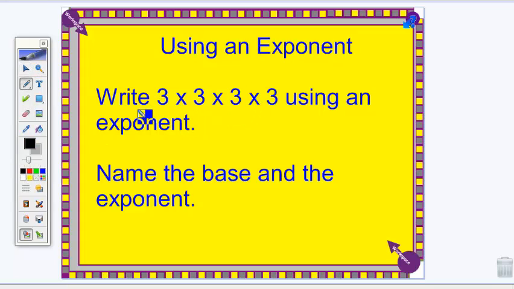What is the base? Remember, the base is the factor that is being repeated. In this case, our factor is 3, so the base will be 3. And what is the exponent? How many times are we using 3? 1, 2, 3, 4. So this will be 3 to the 4th power.